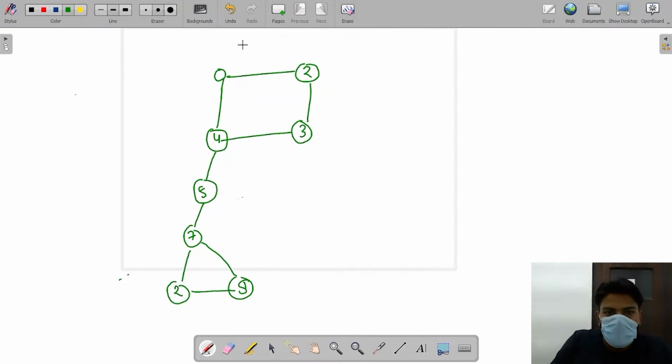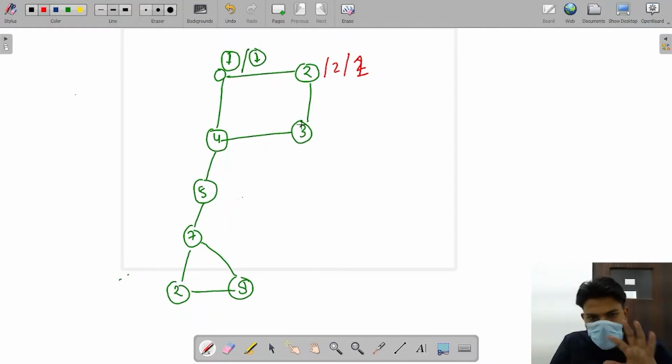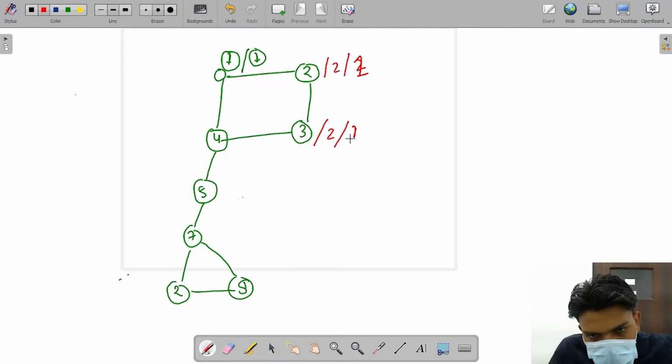Okay, so this is discovered at one stage, and the low value is 1, and this is discovered at stage 2, and the low value is 2. Sorry, this is after the updating. Same as previously, the same thing is here after all the DFS. Discovered value is 2 and 1.